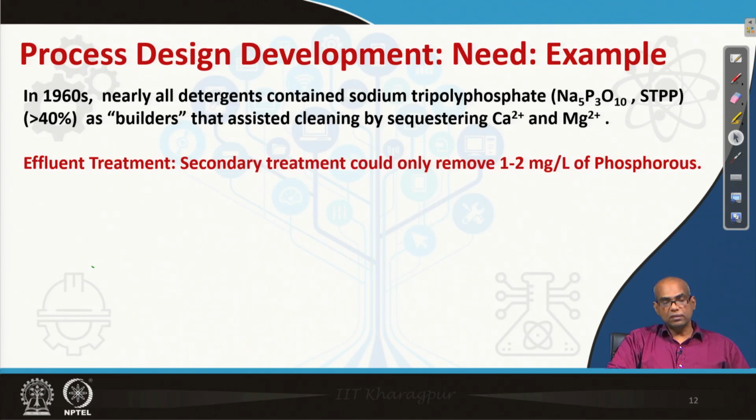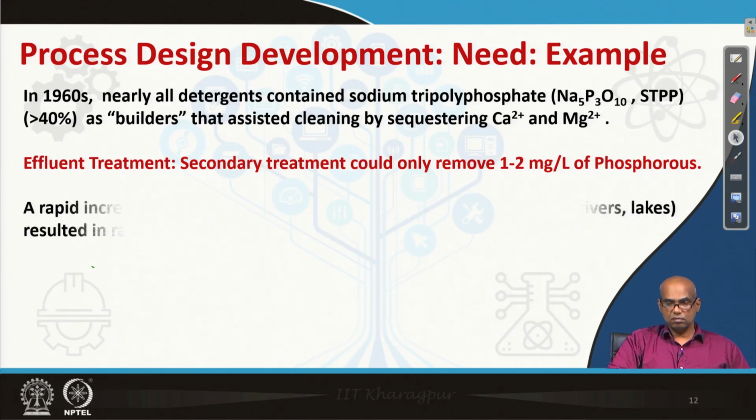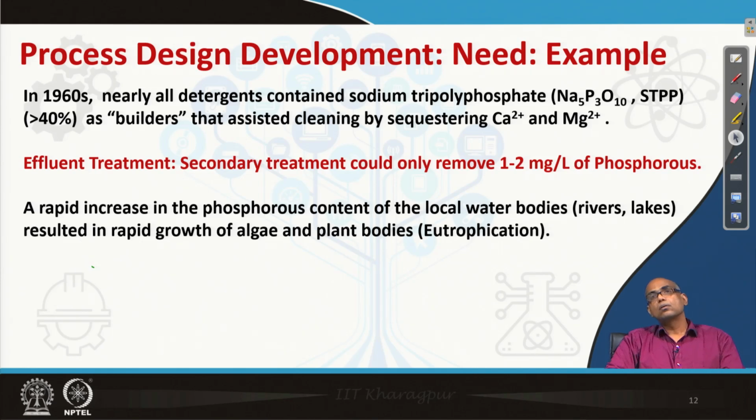During effluent treatment, the secondary treatment could only remove 1 to 2 milligram per liter of phosphate. So, these effluents used to be sent to local rivers or water bodies with lots of phosphates in it.